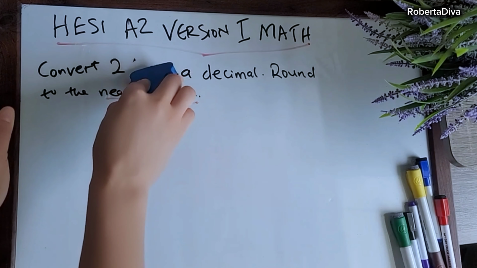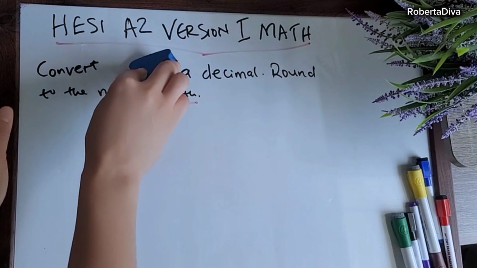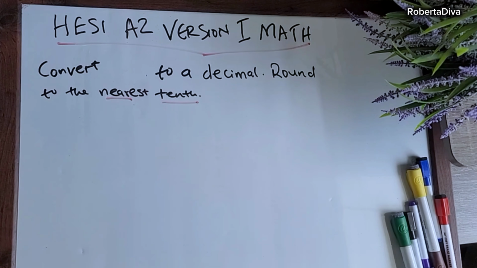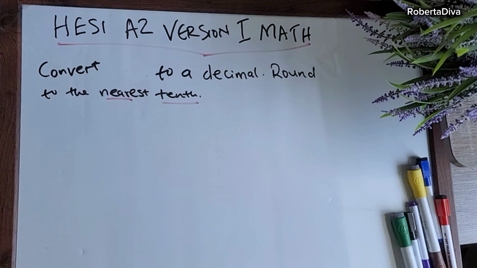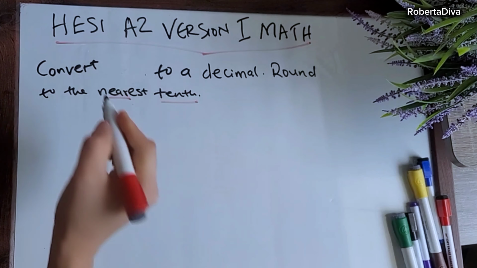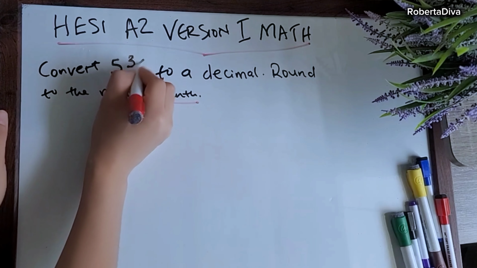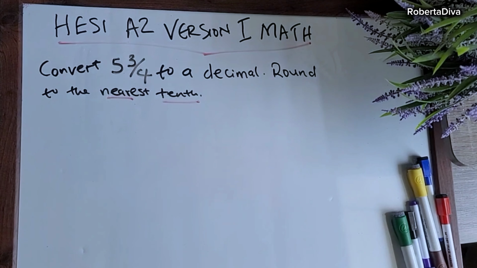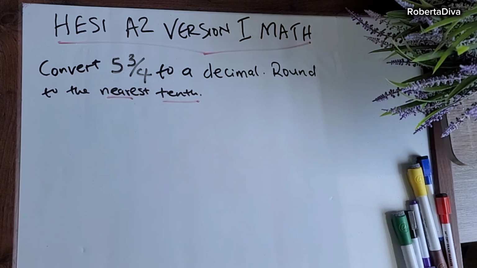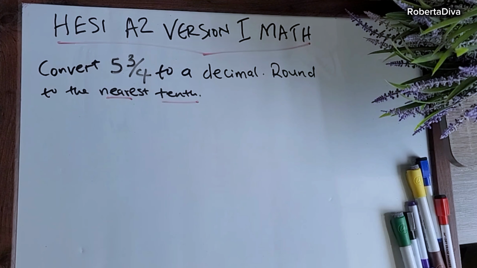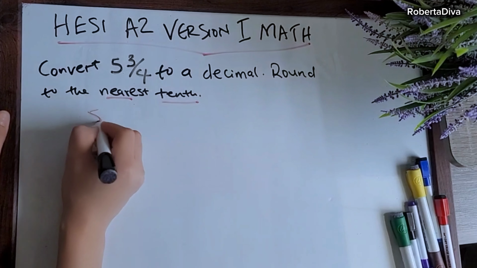If you're still confused, let's try this. Convert 5 whole number 3/4 to a decimal. Round to the nearest tenth. Mind you, you might see something like this in the exam, so pay close attention, guys.